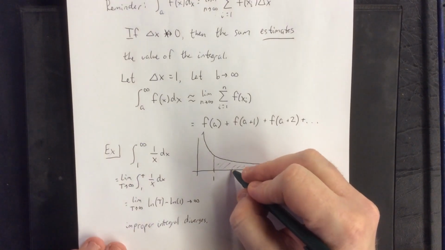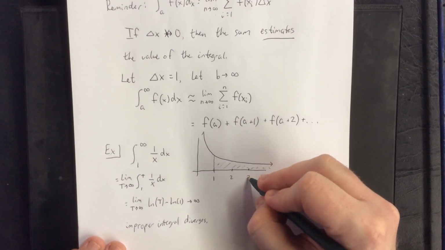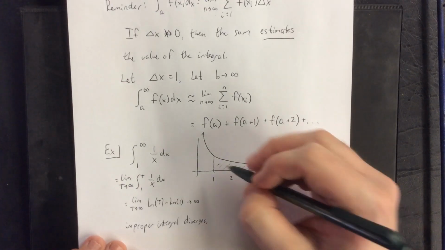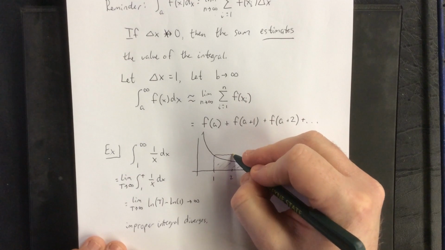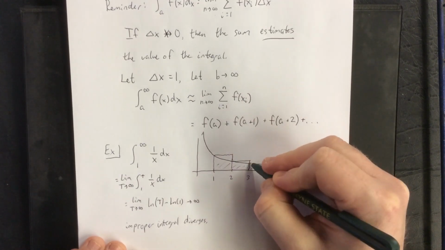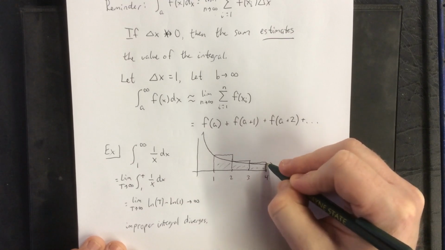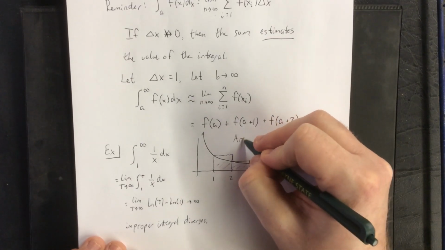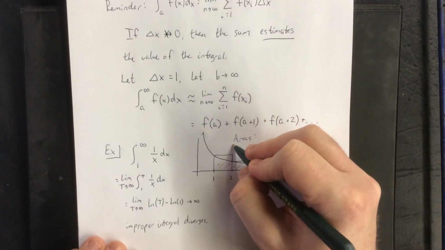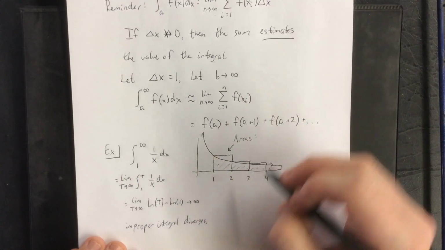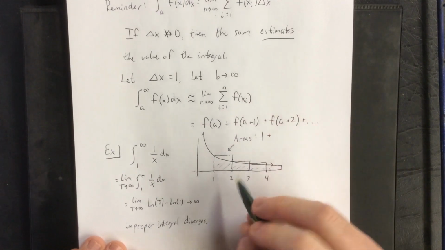Now what we could also do is say, let's estimate the value of this integral by using a Riemann sum where the delta x is equal to 1. If we take a look at all of these areas, this area would be equal to a height of 1 times a length of 1.